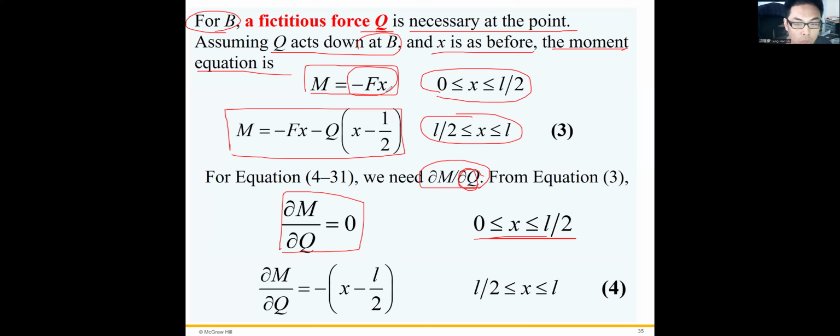There are no terms of Q, so the derivative with respect to Q equals 0. And for the second section, x from half L to L, we get minus (x minus half L).